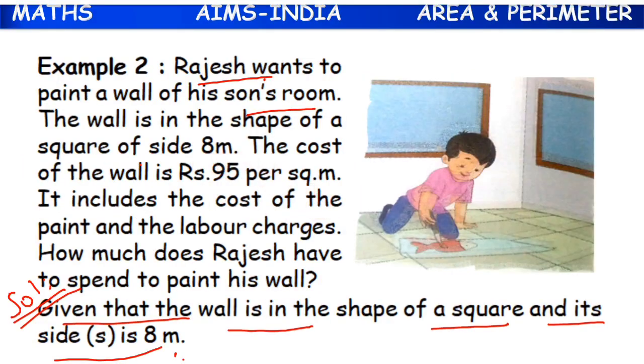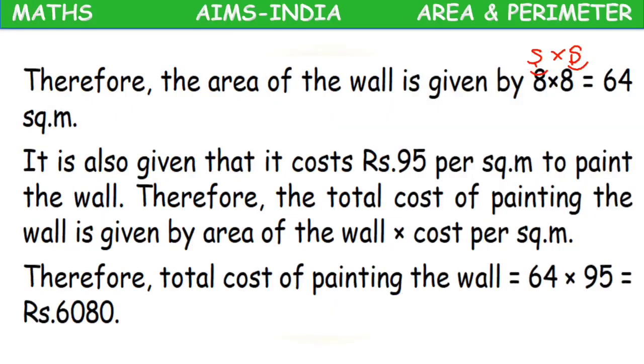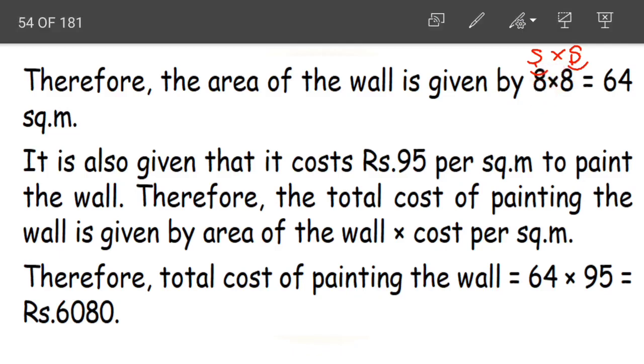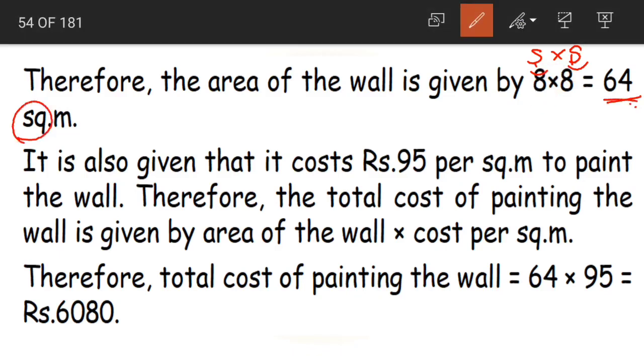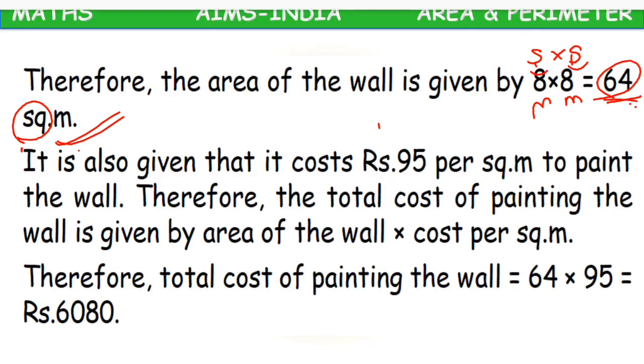As S is equal to 8 meters, S into S is nothing but 8 into 8. 8 into 8 is equal to 64. As it is area, we are writing the square, and the length of the side was given in meters, so square meters. Is this clear, children? The first part of the question. What did we do? We found out the total area of the wall that will be painted. It is nothing but 64 square meters.